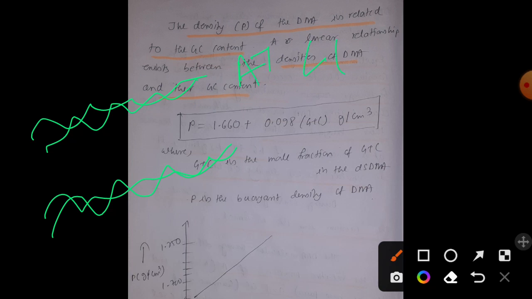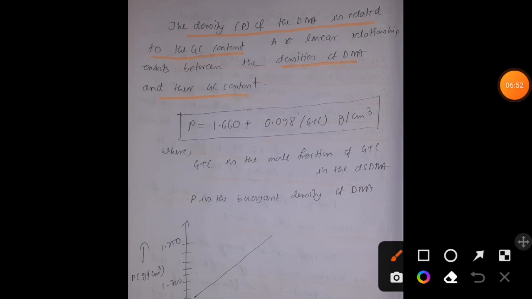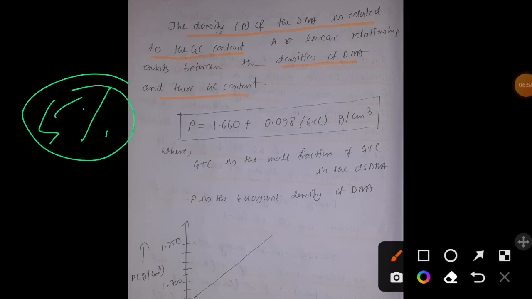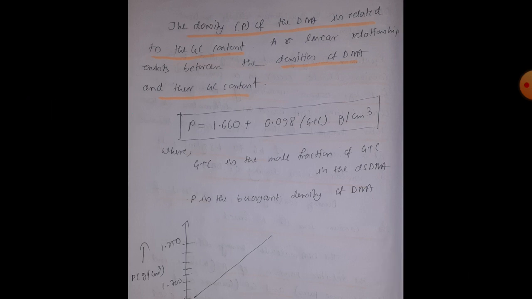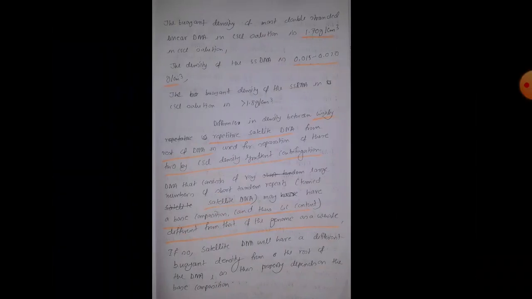Another thing I want to mention here: if the difference in GC content is greater than 5%, then they will appear as two different bands in the tube. Otherwise it becomes very hard to distinguish, so you may consider that a drawback. You need at least a 5% difference in GC content so that you can separate two DNA samples.